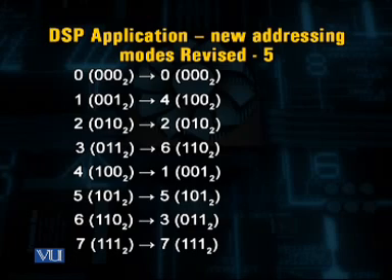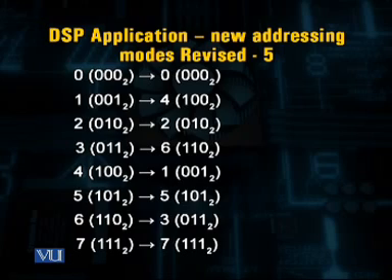Here you can note that the first value, that is 0, which is represented as 000 in radix 2, is transformed to the same value. You can note that this transformation is simply the reverse of the initial addresses in radix 2.